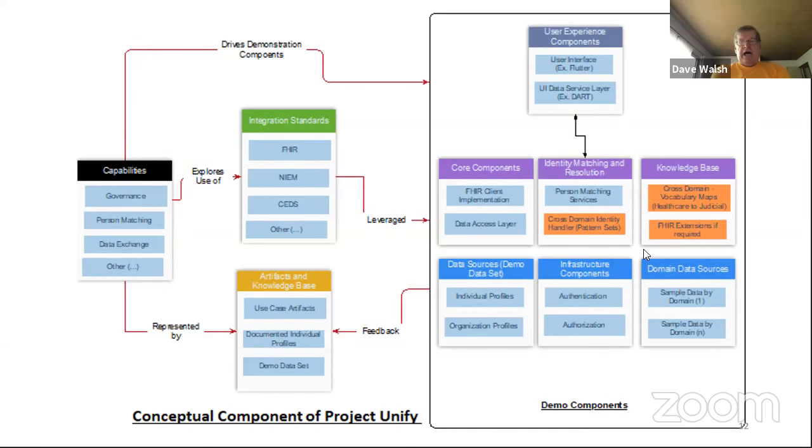Although we intend to use a number of different standards, such as FHIR and CDEs and so forth, the one that has the most attention right now is FHIR. So what we're trying to do is use that as our learning environment as to how to implement interoperability.